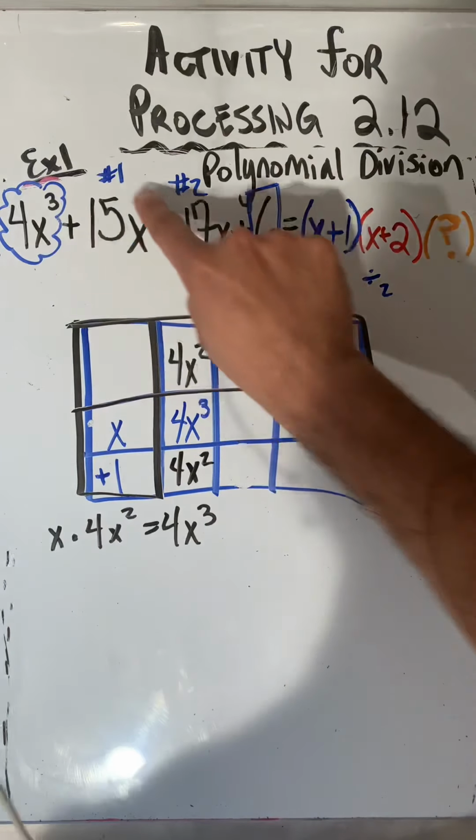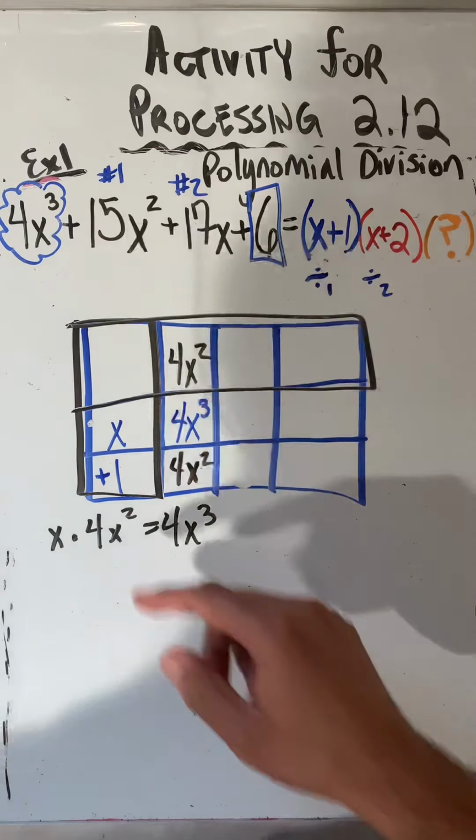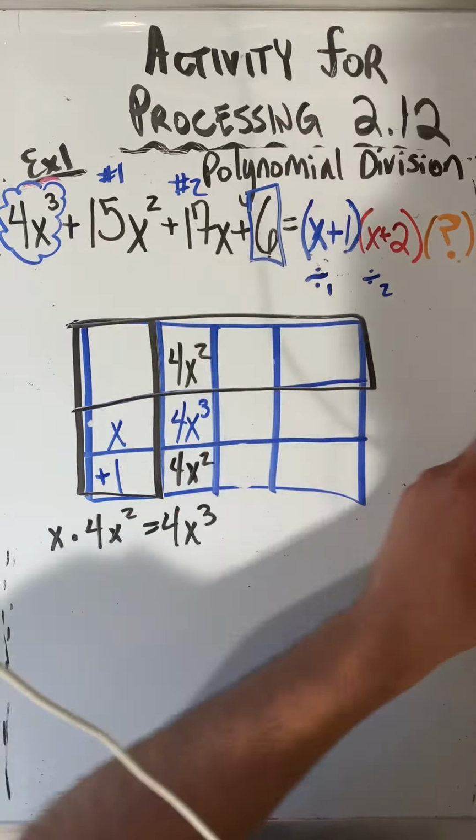All right, now you're going to see right here where I labeled number 1, how this comes into play. So the diagonal values are where like terms are combined. So 4x squared plus something x squared here, we don't know yet what it is, needs to give us 15x squared. Now doing some mental math, I know that 4 plus 11x squared is going to indeed give me 15x squared.